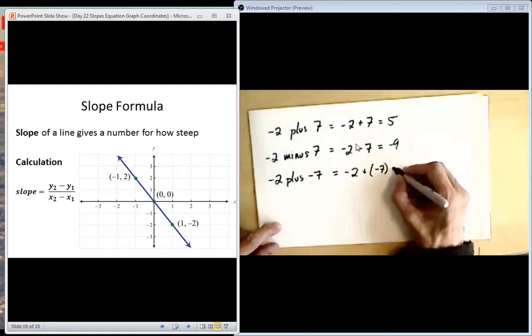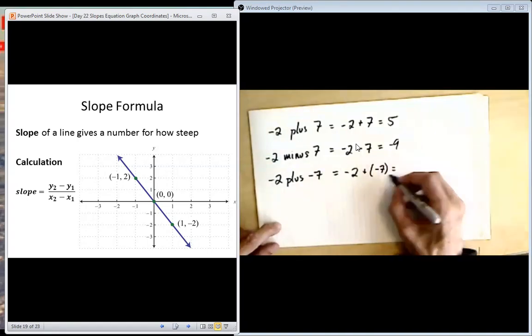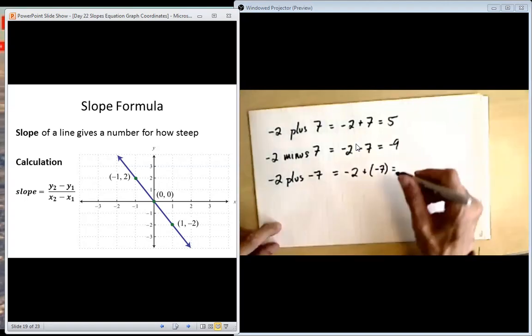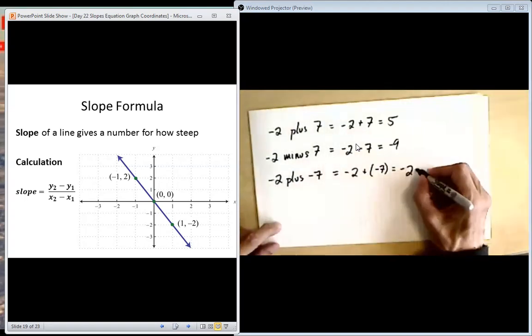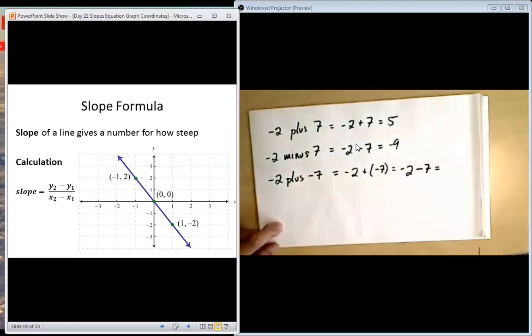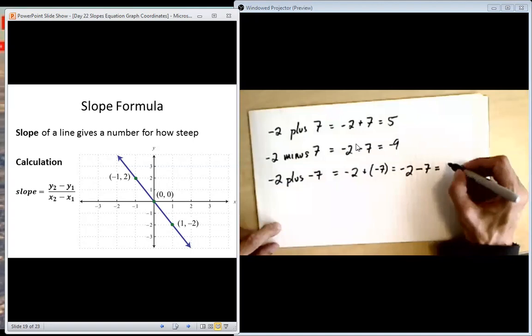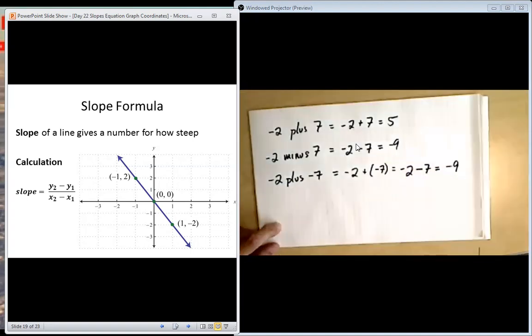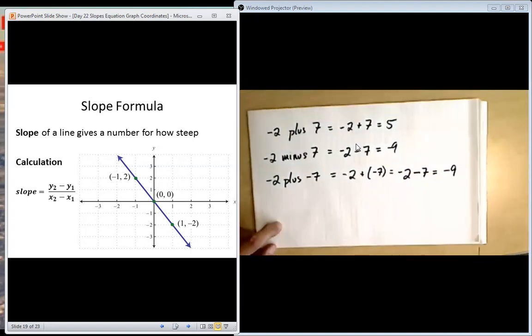This is when you add a negative, that's the same as subtracting a positive. So it's -9. Okay.